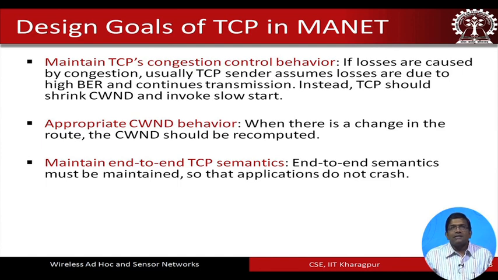Maintaining end-to-end TCP semantics: end-to-end semantics must be maintained so that the applications do not crash. This is a very important issue of a different kind. Applications running on top would crash if this is not ensured, and otherwise they are not going to function.